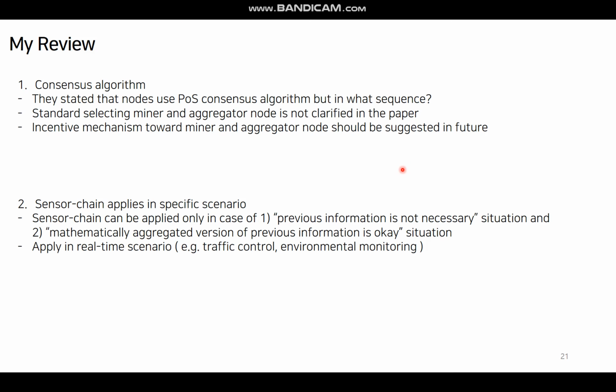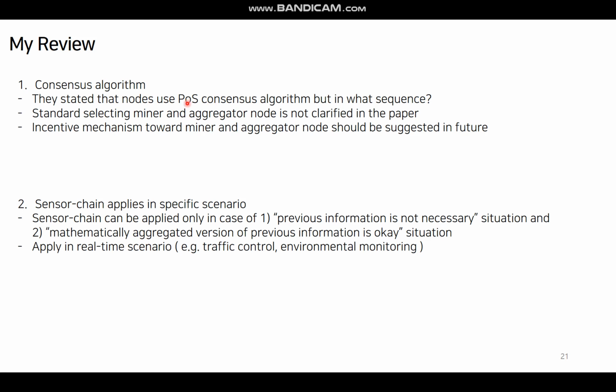And here is my review of this paper. I think the consensus algorithm should be clarified in this sensor chain paper. They have stated that nodes use the POS consensus algorithm, but they do not clarify the sequence of the consensus algorithm, so I cannot identify the consensus algorithm.